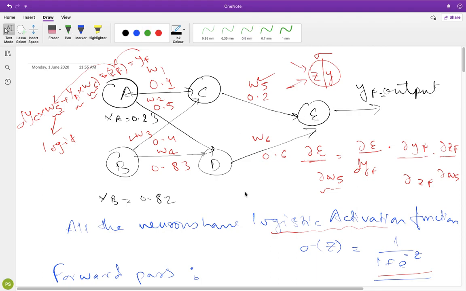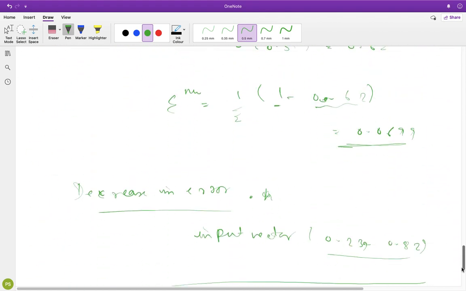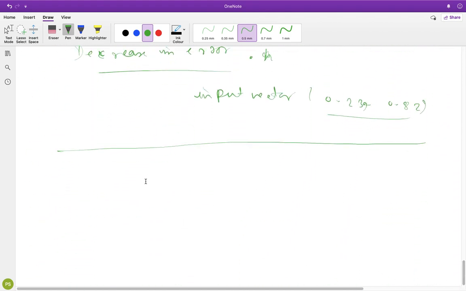So in this video, what we have learned is how to use the activation function, and the formula used in this video is only the general weight update rule. What is the general weight update rule?